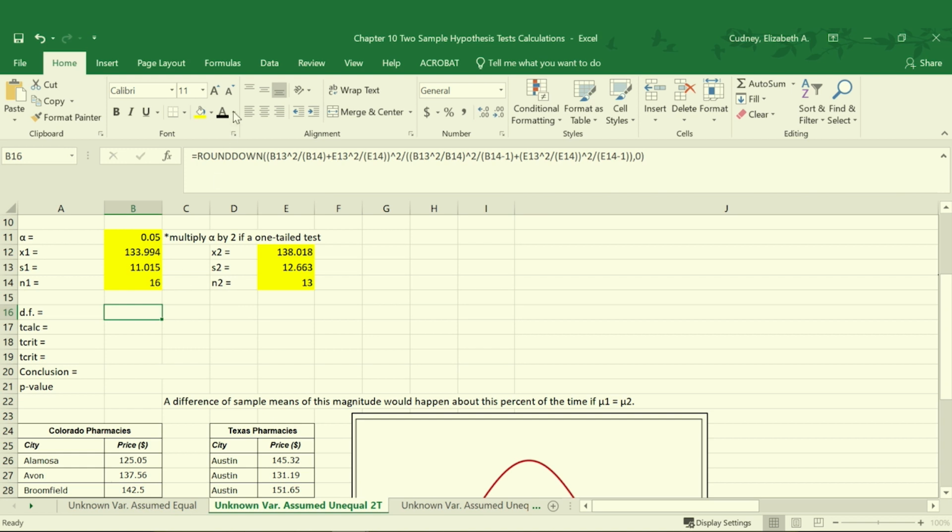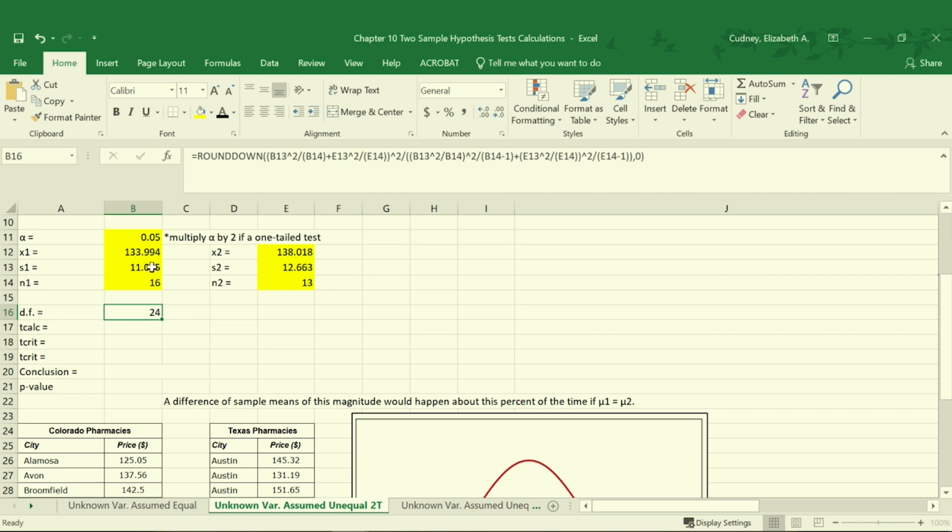We're going to calculate our degrees of freedom, and this is a lengthy calculation, so as you're setting this up, I encourage you to pause the video and make sure you have the formula correctly. There's enough spots where you can miss the parenthesis and run into an issue.